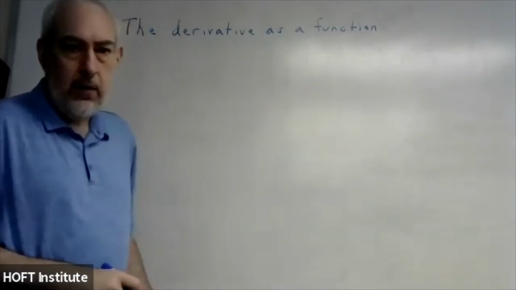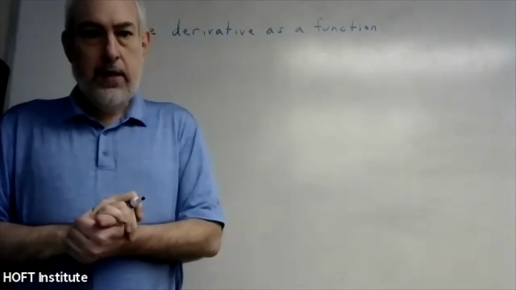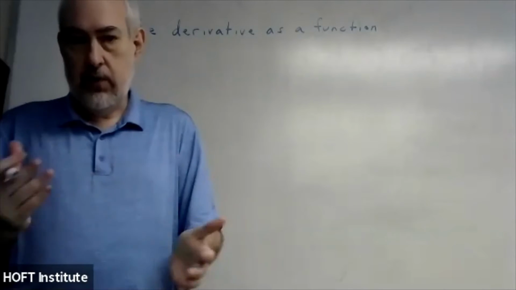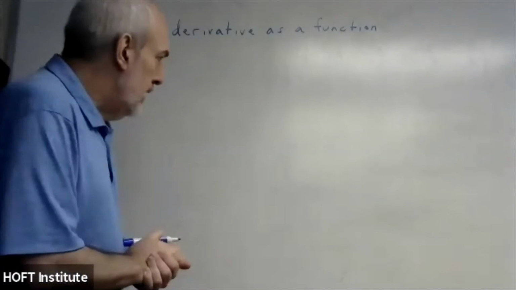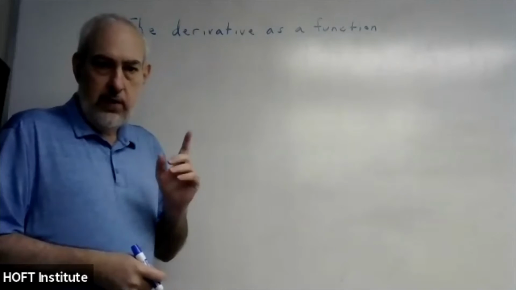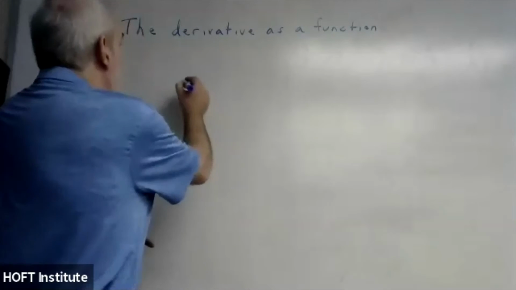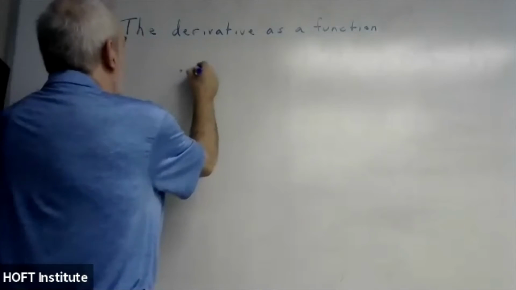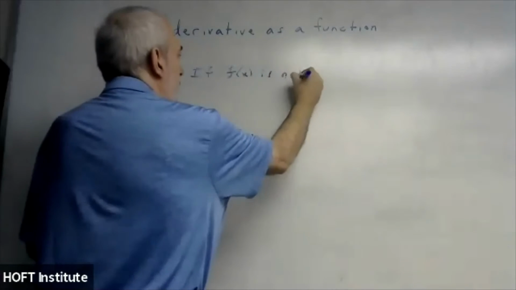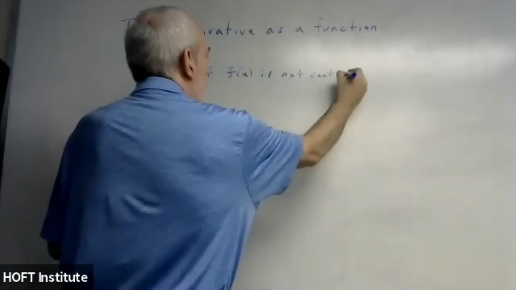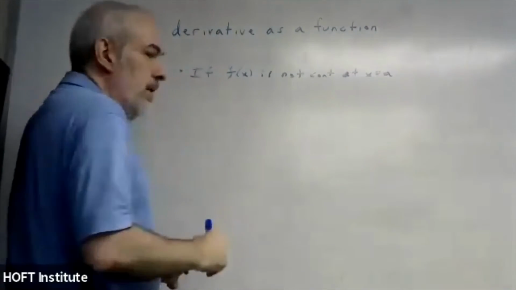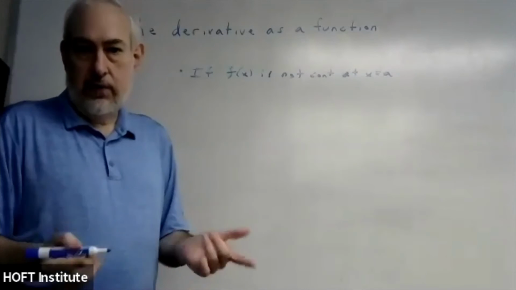Let's now talk about when a derivative is defined or undefined. So there are going to be 3 cases where the derivative is not going to exist. Case 1 is if f of x is not continuous at x equals a, then the derivative doesn't exist at x equals a.